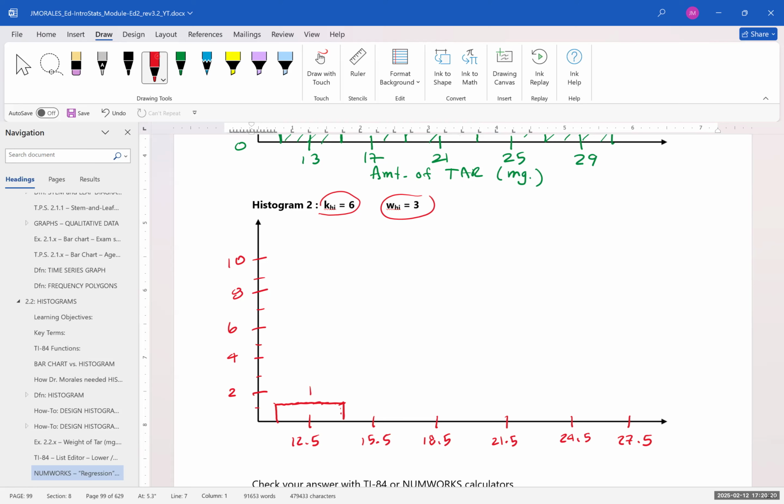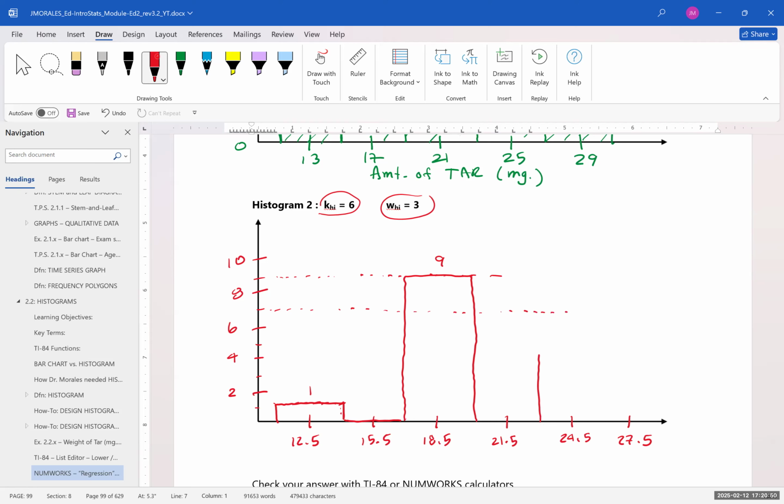Class 2 had a frequency of 0, so that's not going to go anywhere. Class 3 had a frequency of 9, so I'm just going to go over from 9, and I'll go up between these two midpoints, and this is class 3 with a frequency of 9. Okay, class 4 has a frequency of 7, so that's going to be going across this way.